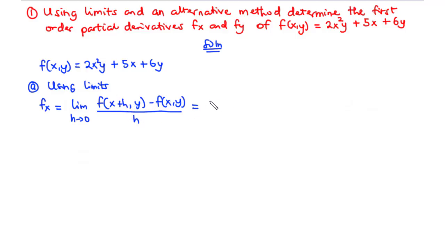So this is equal to the limit as h approaches 0 of, we have 2 times x plus h all squared times y plus 5 times x plus h plus 6y, and then minus the original function f of x y.